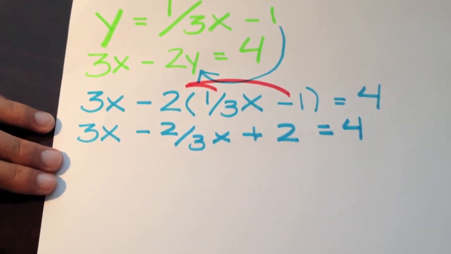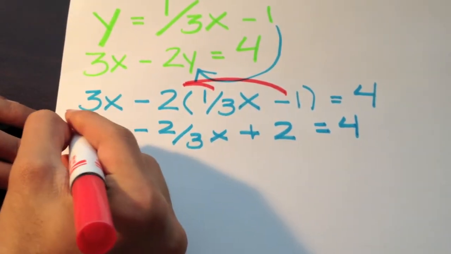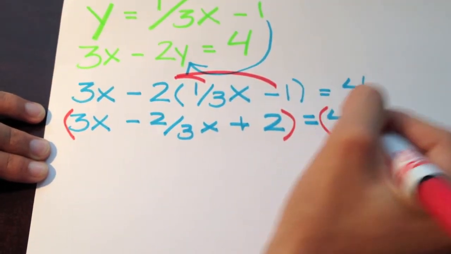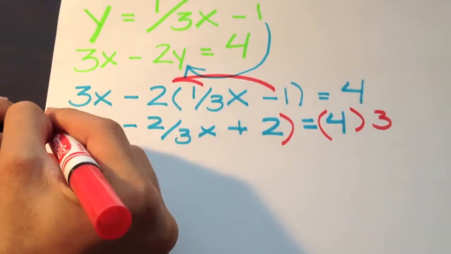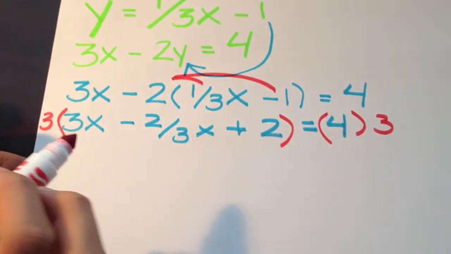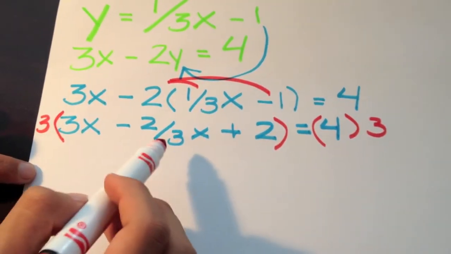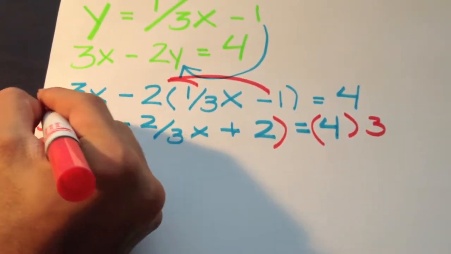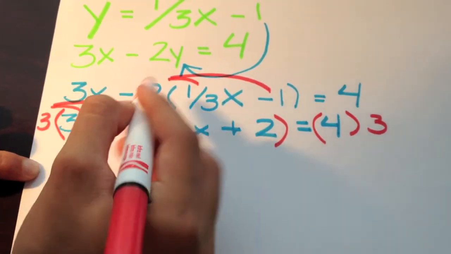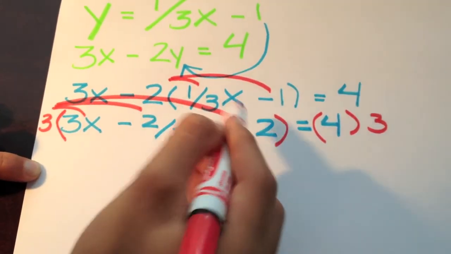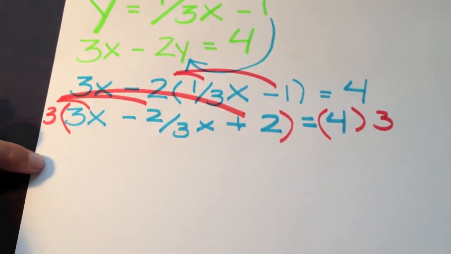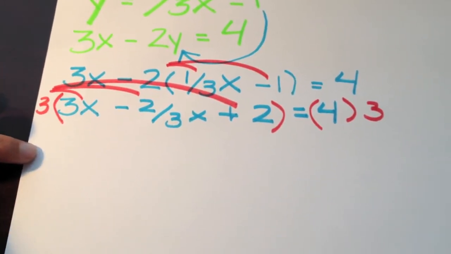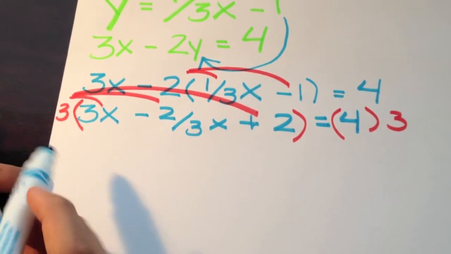So now we're going to multiply both sides of the equation by 3 because we want to get rid of the denominator, which in this case is 3. So we're going to distribute the 3 to all 3 terms on the left side of the equation. This is going to give us the following.